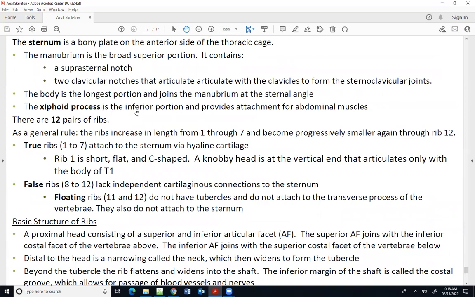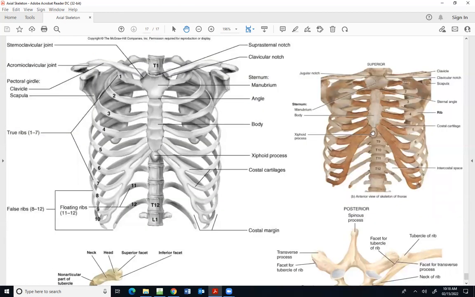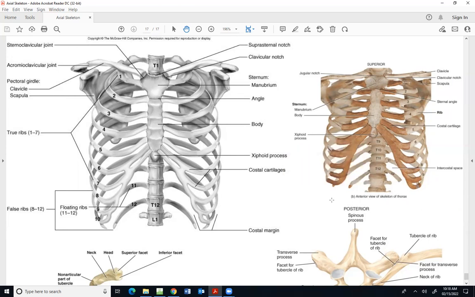The xiphoid process provides an attachment point for our abdominal muscles. You look here, you can see it just hangs out there on its own. And if you have ever been trained in CPR, which I imagine most of you have, since you all work in nursing settings, they teach you to find this by finding the bottom of the sternum and then going a couple fingers above that so that you're not pushing on it.